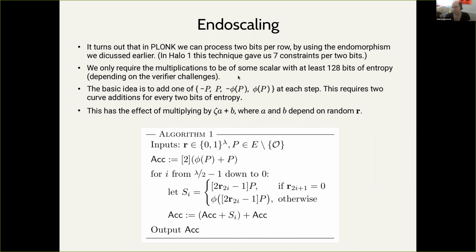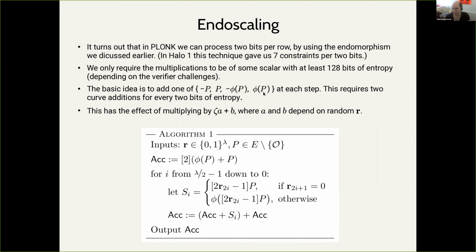So in our verification circuit, we basically just need to multiply by some random scalar with 128 bits of entropy. So these are the U squared values from the inner product argument. And the idea is that we process 2 bits at a time. We choose 128 random bits.